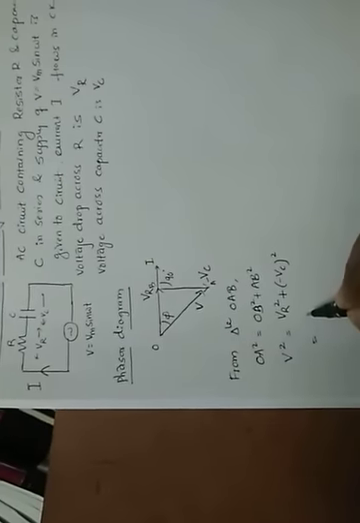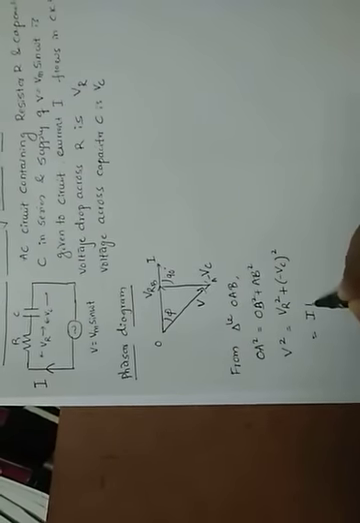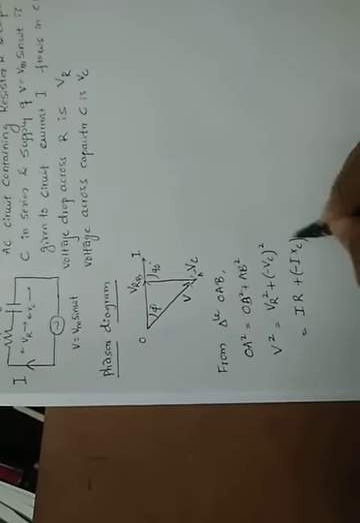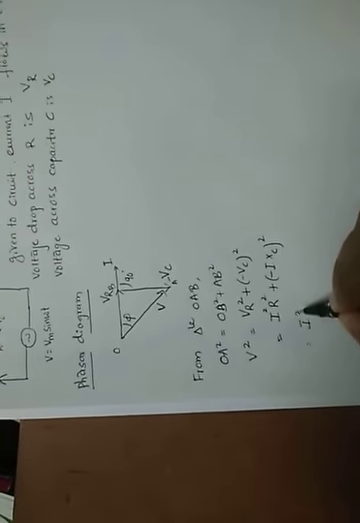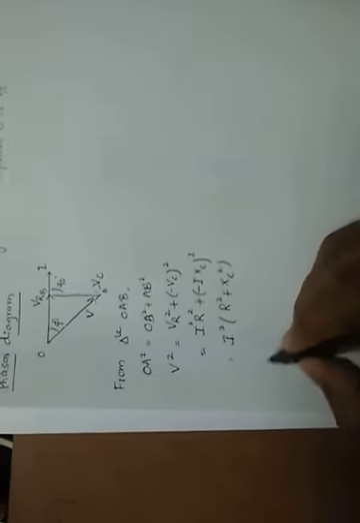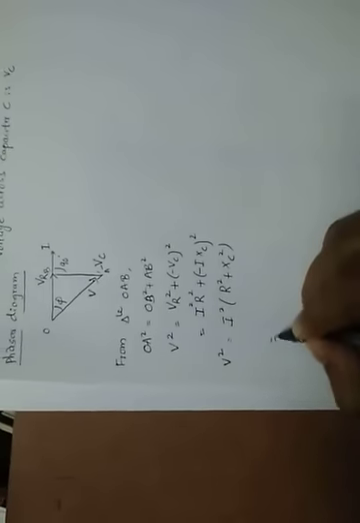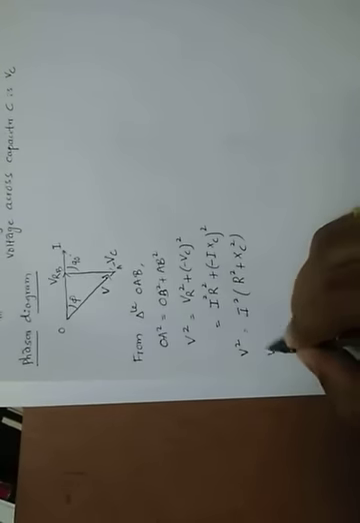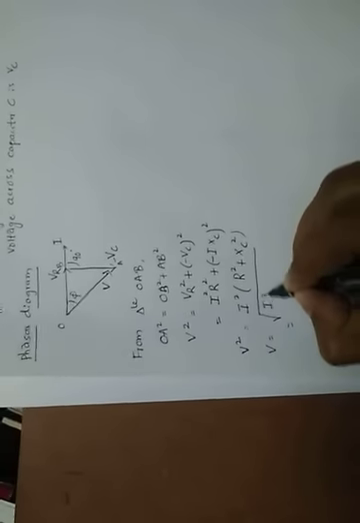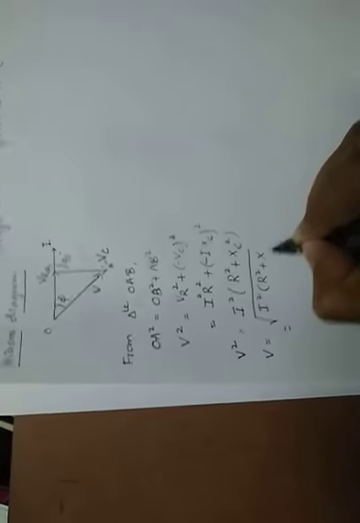What is VR here? It is I into R, plus I into XC, whole square. We can take I square common. Inside we get R square plus XC square, as you did similarly in the case of the inductor. So V square equals I square times R square plus XC square.